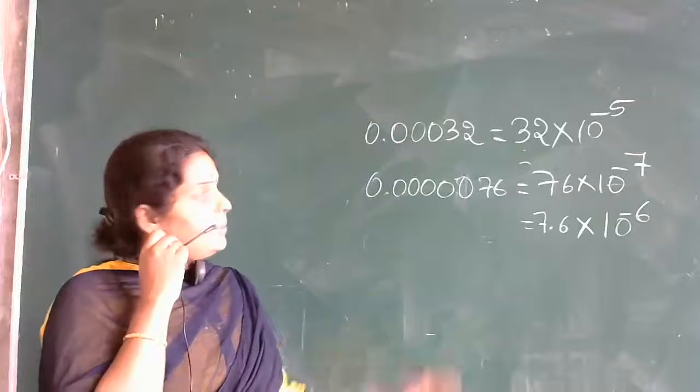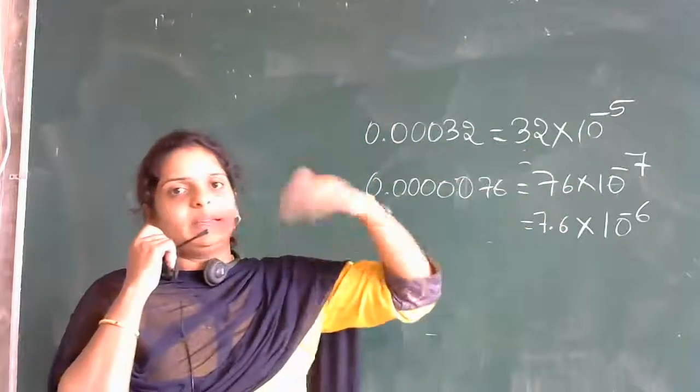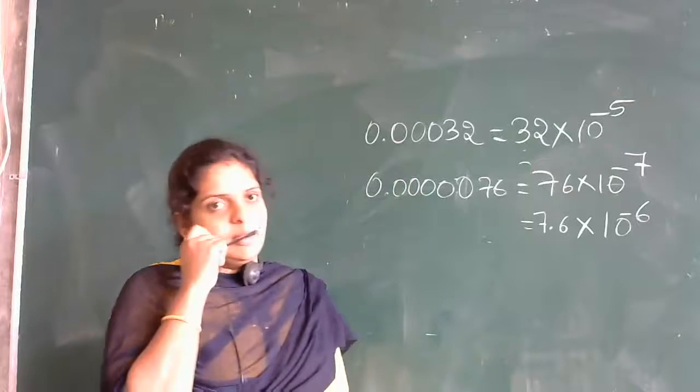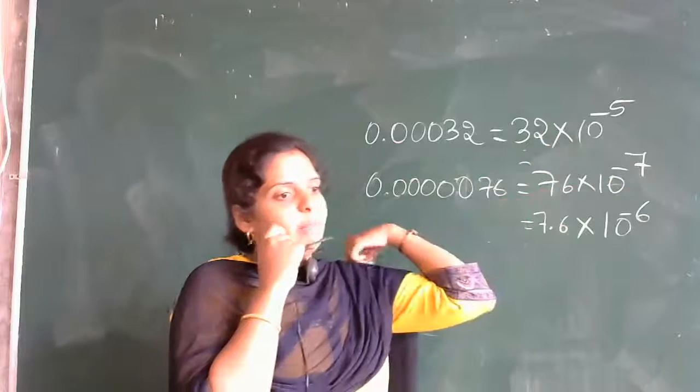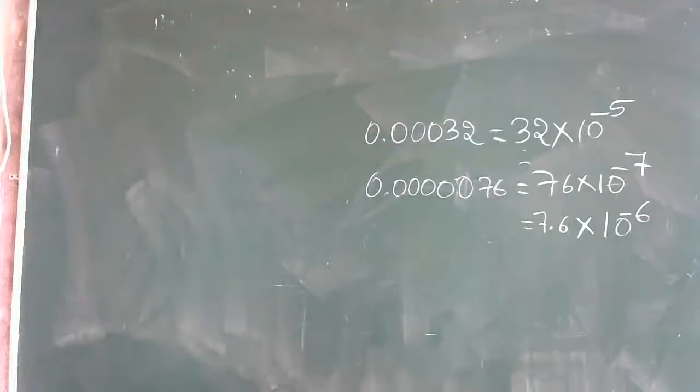Just remember, by how many places you displace the decimal point, that is, how much you shift it, that 10 to the power you will write, either minus 5 or plus 5, whatever it is. Is it audible and visible clearly, everyone?